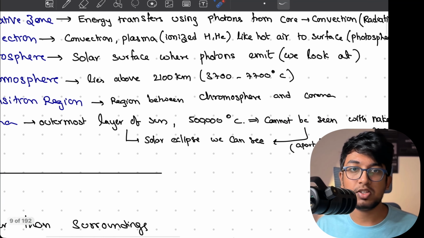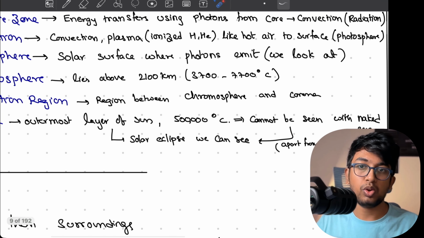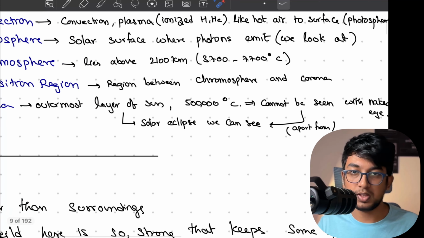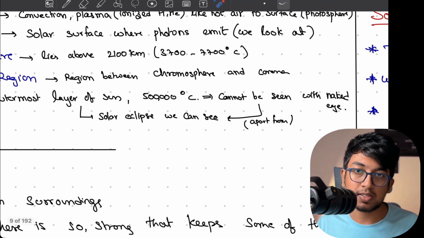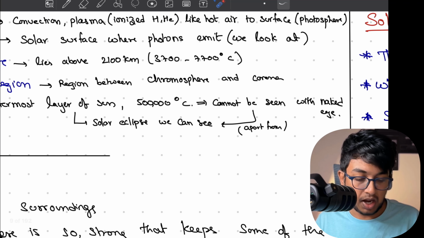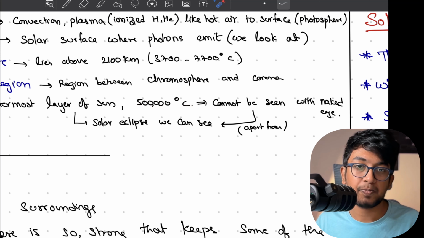In the transition region, we have the chromosphere to corona transition. Corona is the outermost layer of the sun, where the temperature is 500,000 degrees centigrade.